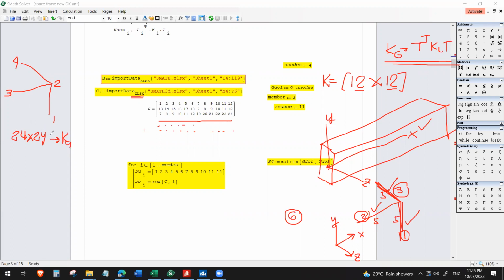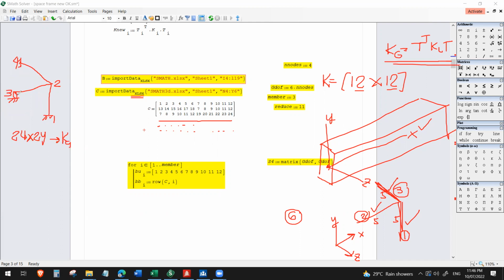But remember, in order to solve this problem, we should have supports. I have a fixed support here, another fixed support here. In this problem, I made this a roller, so that we also have a displacement here and a displacement also on node 3.